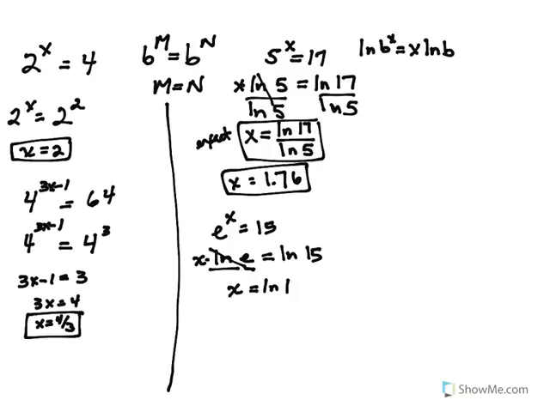So my answer is x equals the natural log of 15. And then you want to simplify that in terms of getting the approximate answer, so you just calculate it and it comes to 2.71. Okay, and so that's how you solve exponential equations using those two forms.